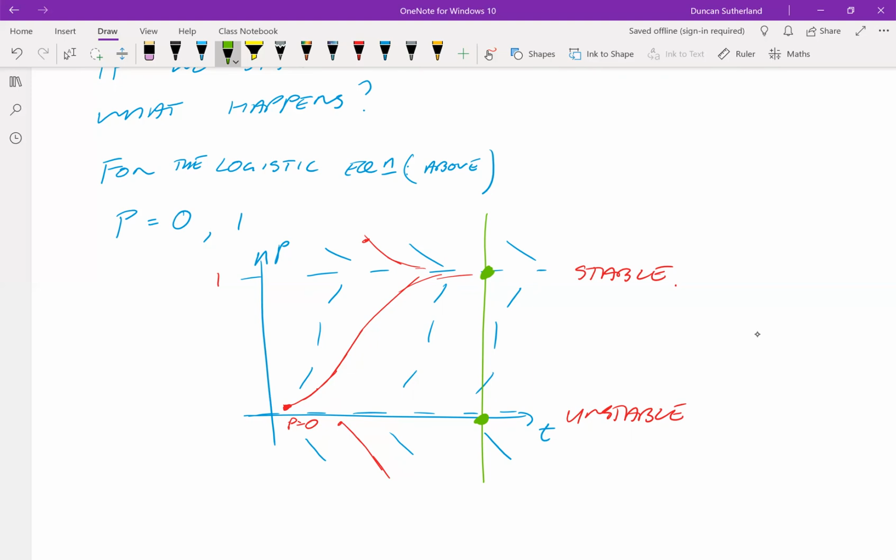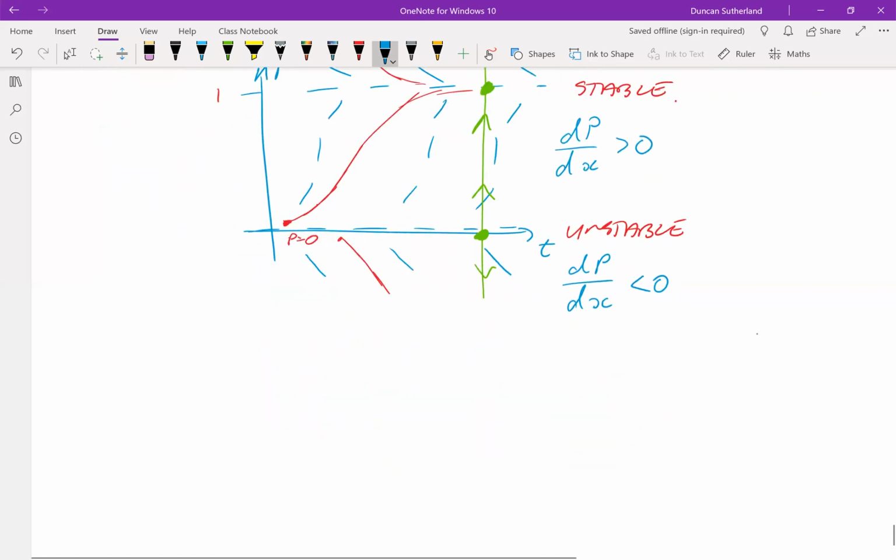So the trajectories move away from an unstable critical point and towards a stable critical point. This is related to the sign of the derivative. dP/dt is positive here, dP/dt is negative in these regions. So this is how we draw a phase line.